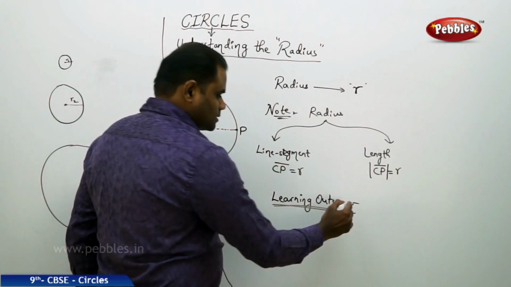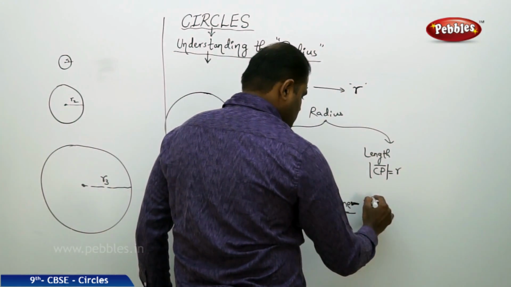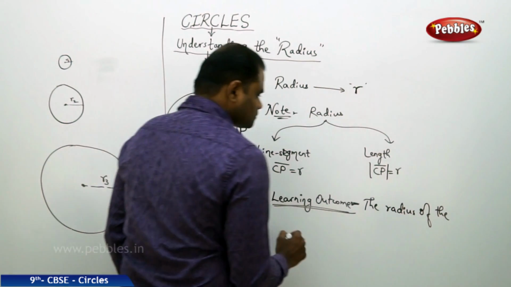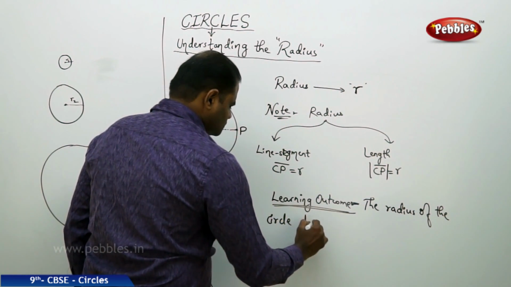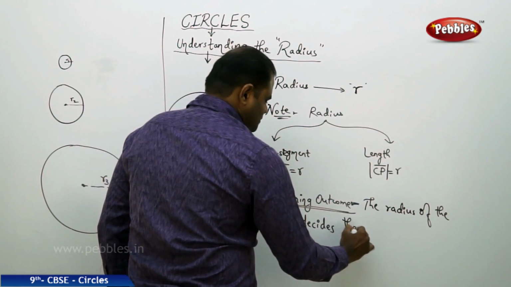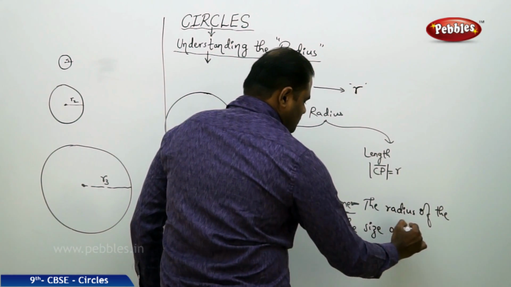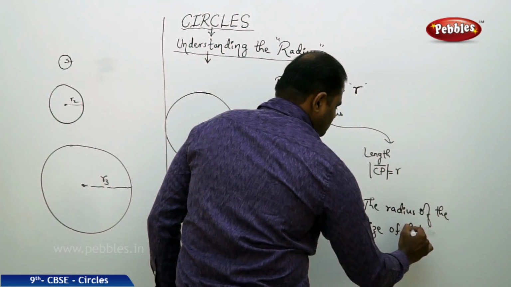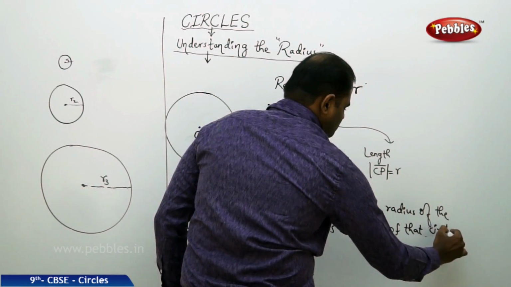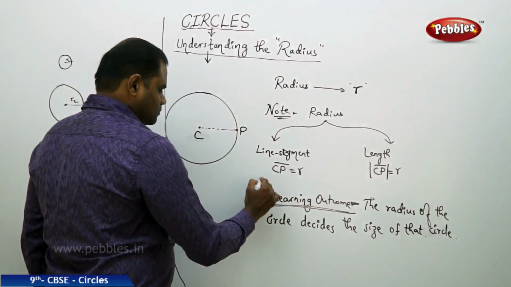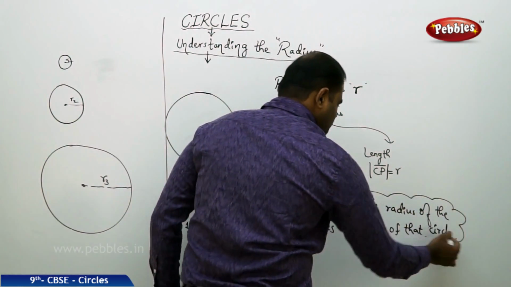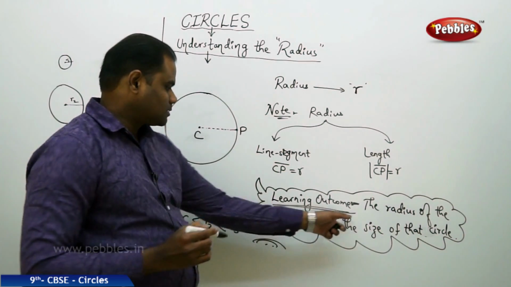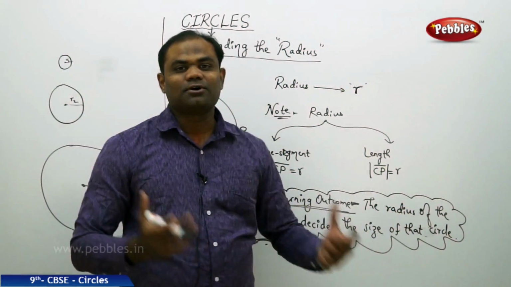So my learning outcome here is that the radius of the circle decides the size of that circle.